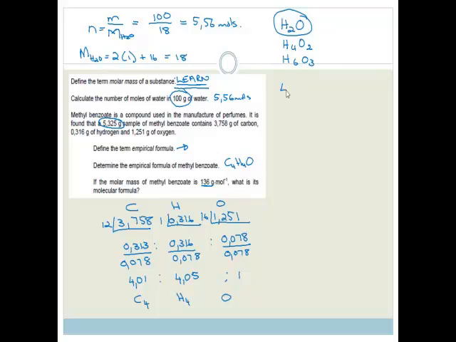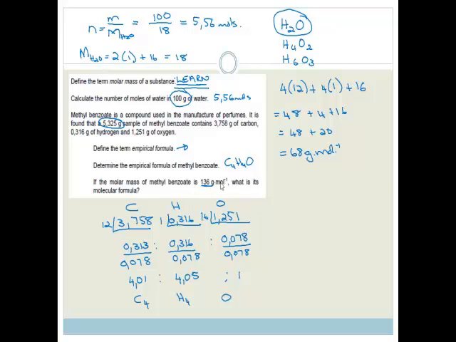So we've got 4 times carbon, which is 12, plus 4 times hydrogen, which is 1, plus oxygen, which is 16. 4 times 12 is 48, plus 4 plus 16, which is 48, plus 20, which is 68. So the molar mass of this is 68 grams per mole. But they've given us that the molar mass of methyl benzoate, what it actually is, is 136.